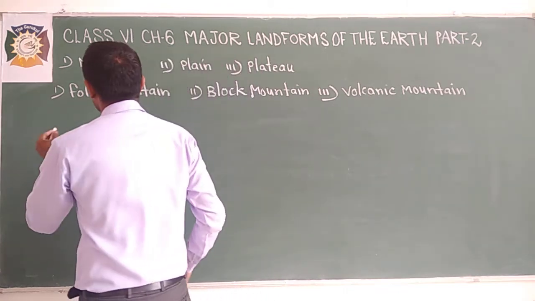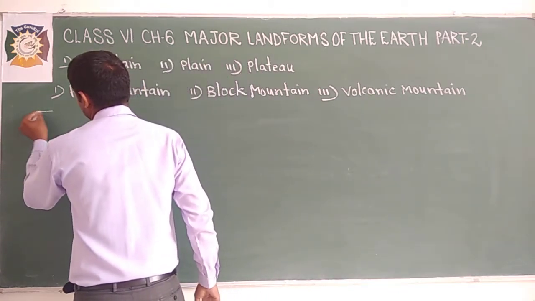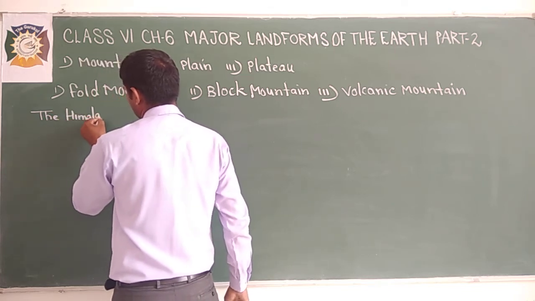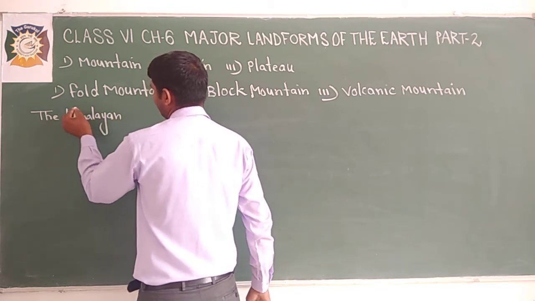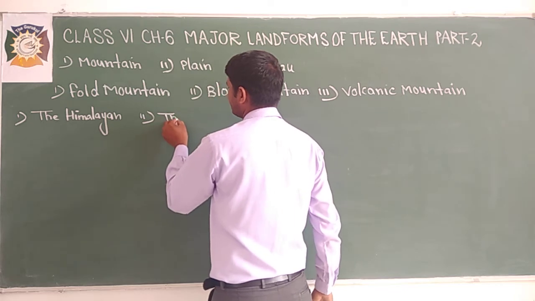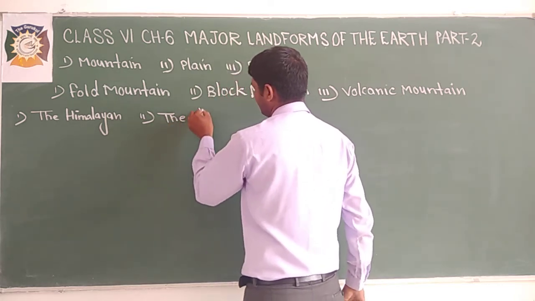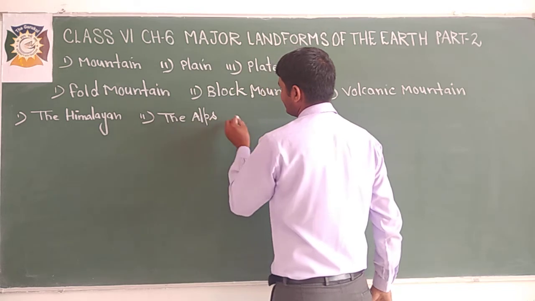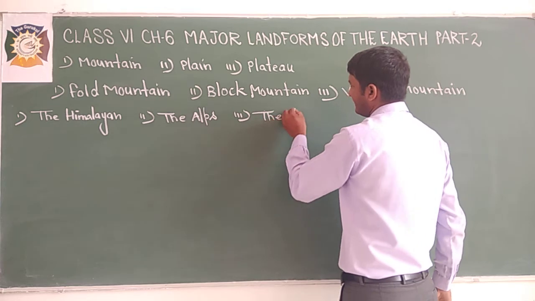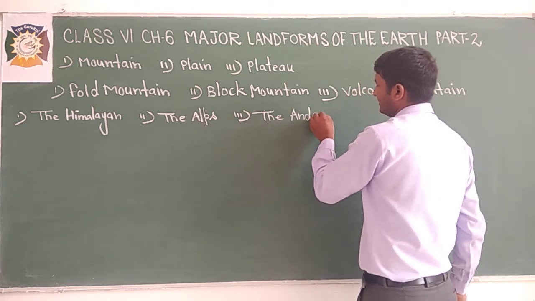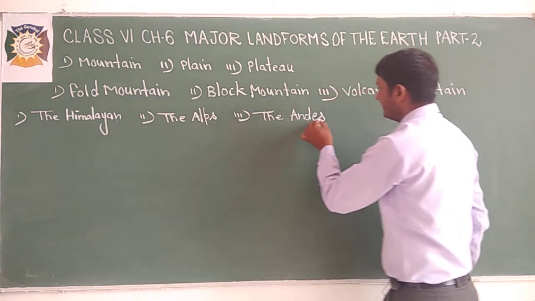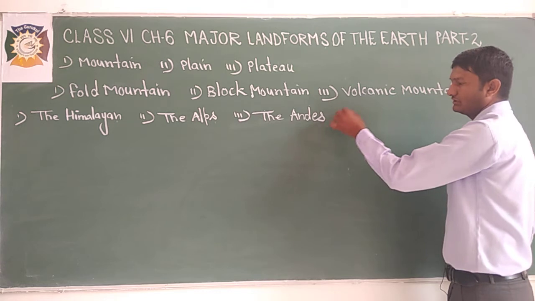See, dear students, the Himalayan mountain is the first one, the second is the Alps, and the third one is known as the Andes. As I told you just now, the Himalayas lie in Asia, the Alps lie in Europe, and the Andes lie in South America.